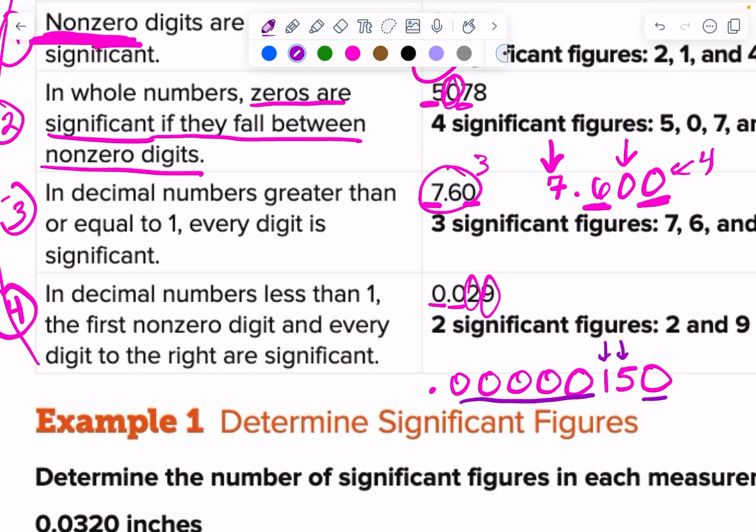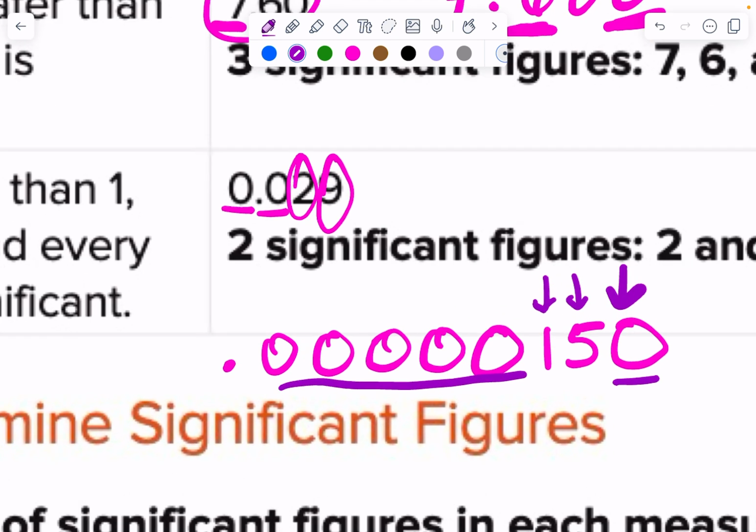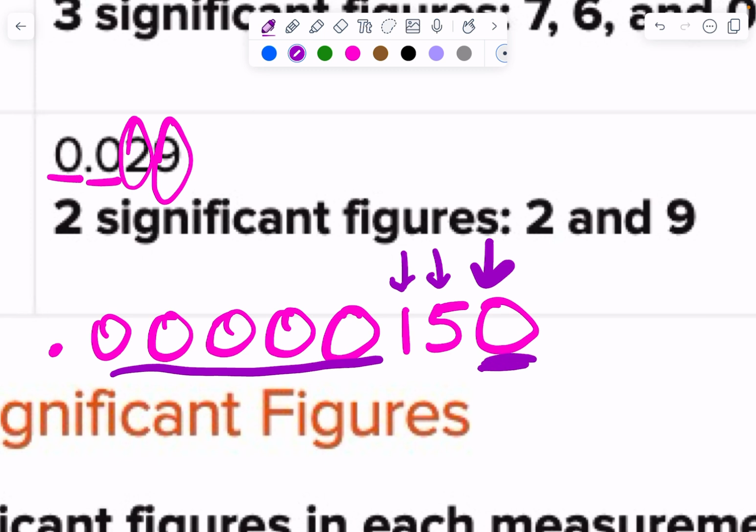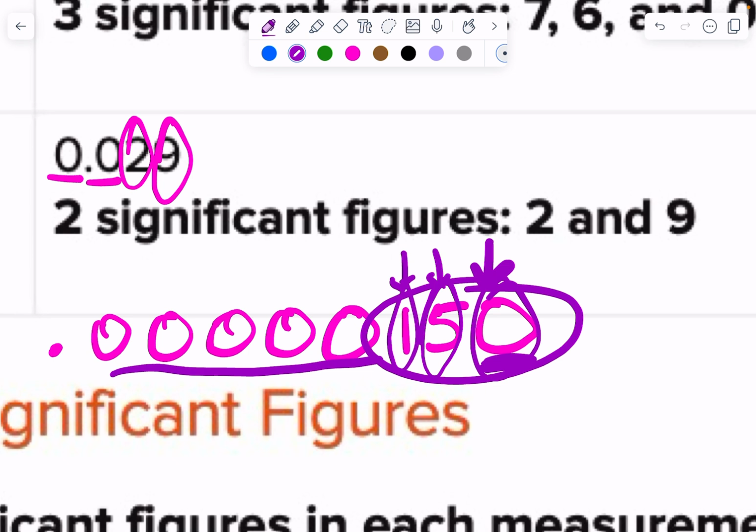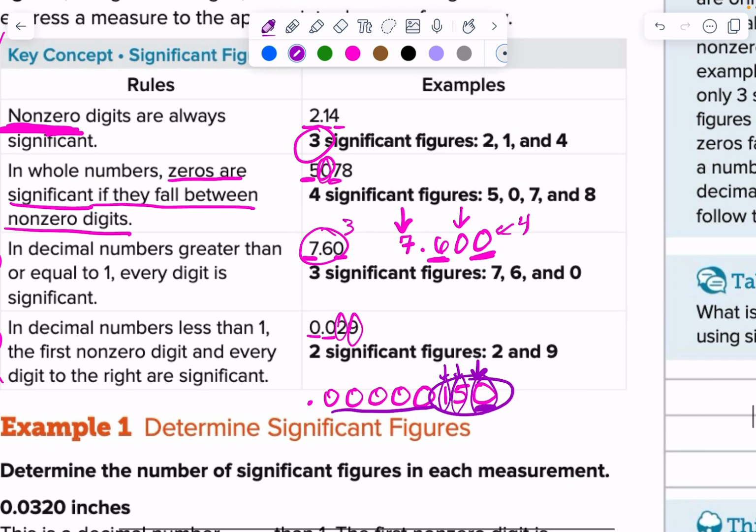Oh, no. In decimal numbers less than 1, the first non-zero digit and every digit to the right. Okay, that's why it was looking funny. I was like, I can't find the rule that says that, but I know this 0 is significant. So this would have 3 of them. Since 1 and 5 are significant, everything to the right of that 1 is going to be significant. So the ending 0 is significant, but the ones that just space the decimal are not. All right, there we go.